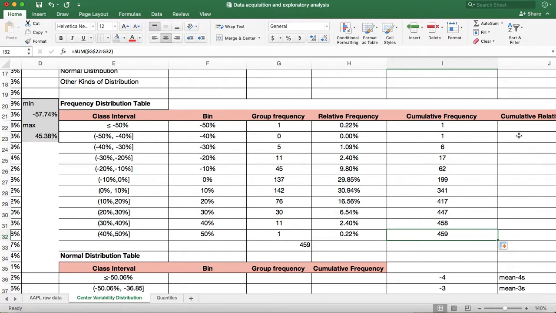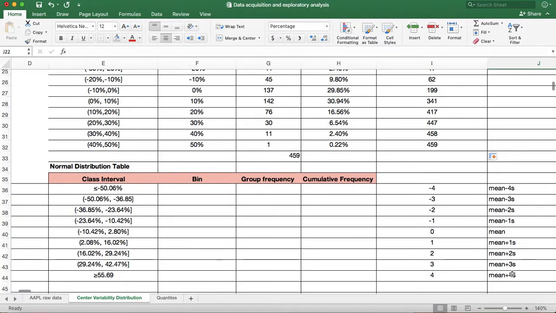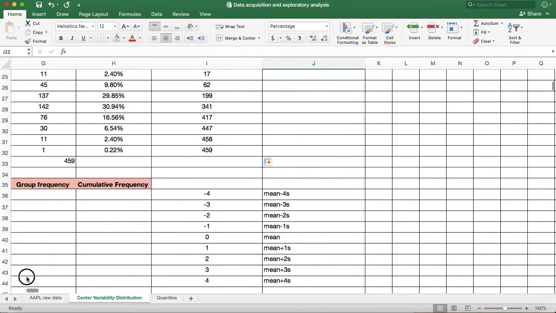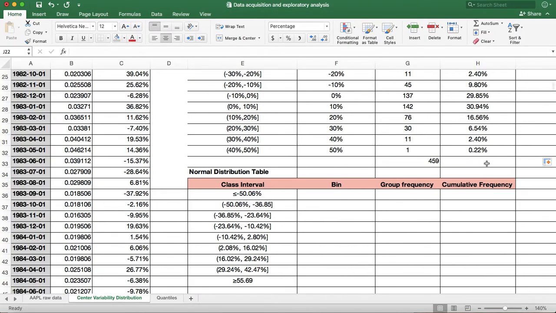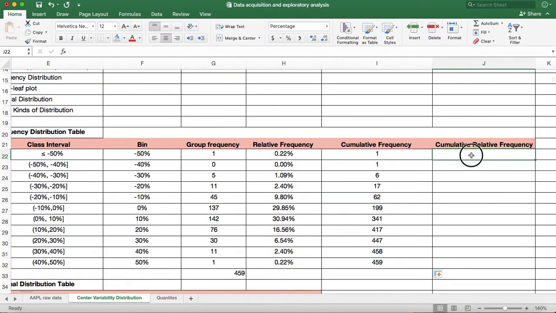Cumulative, go to here. Okay, cumulative relative frequency is actually we can just sum up the relative frequency.